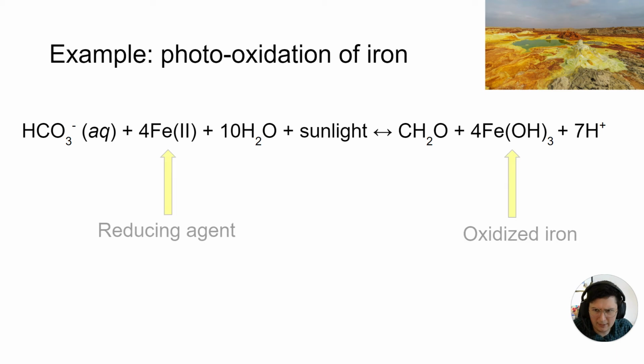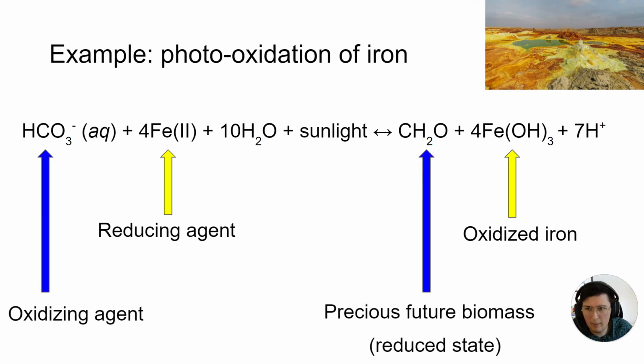So in this case, we'd say that iron here is the reducing agent, and it is getting oxidized. And then bicarbonate here is our oxidizing agent, and that is getting reduced into precious biomass. Because if you can imagine a little pond on the slope of a volcano, there's not a ton of biomass that's just falling in there all the time to make it easy for bacteria.